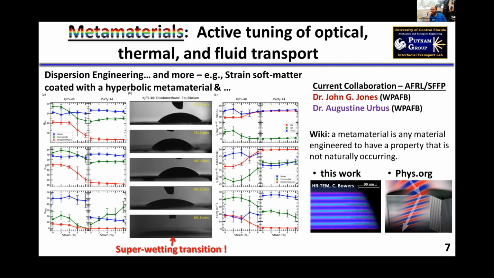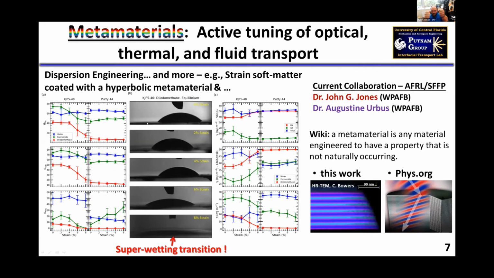Can we start tuning not only the optical properties, but the thermal and the fluid? This is some preliminary work where we take this nonpolar fluid, we have a metamaterial on top of Kapton, so a soft matter, and then we strain it.